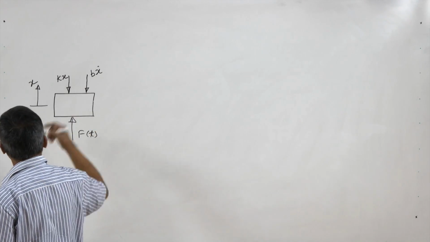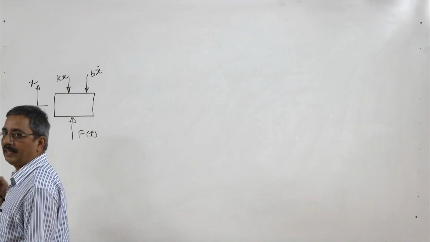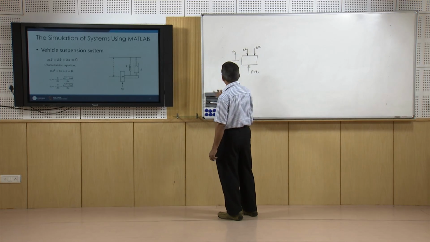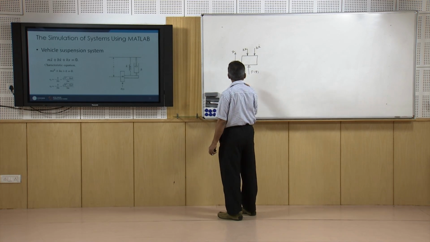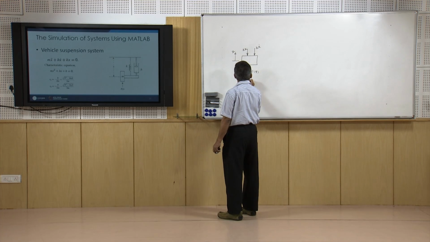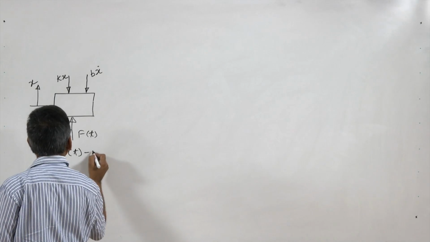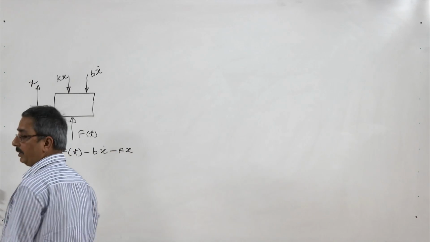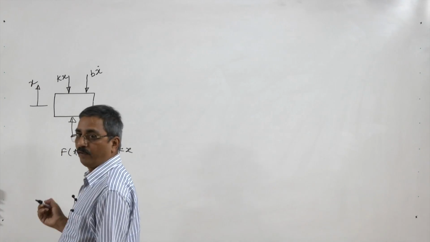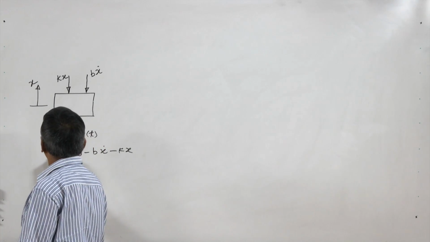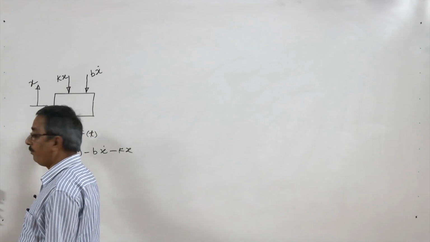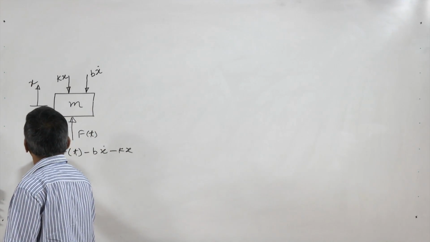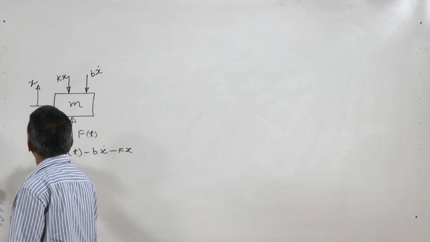So, from here I can find out the net forces which are acting on the system, and these net forces will be f t minus b x dot minus k x. And this net force I can equate to the mass into the acceleration for this system, m x double dot.